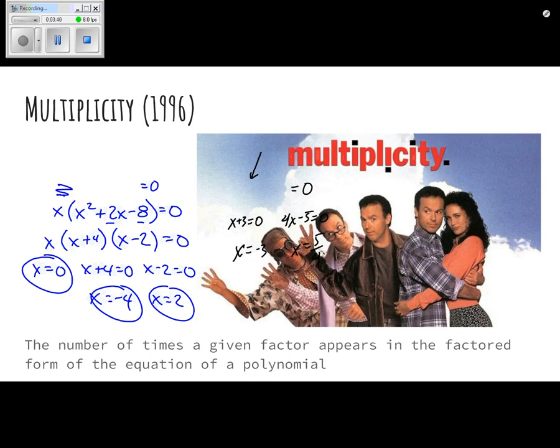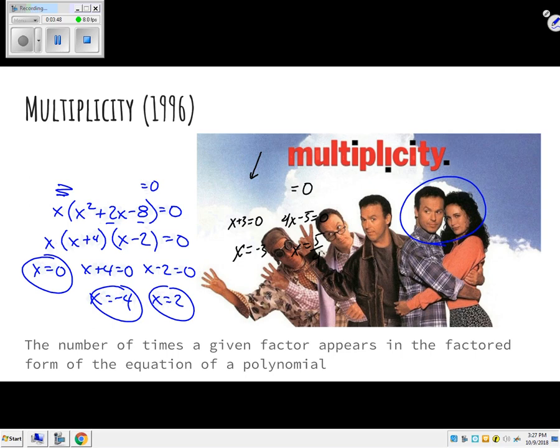So this was a great movie from 1996. It was called Multiplicity. The idea is that these two were happily married. Well, the guy right here, he ends up getting really, really busy with work, with family life, and so forth. So he goes to this doctor, and he gets a clone, all right? They call him number 2.